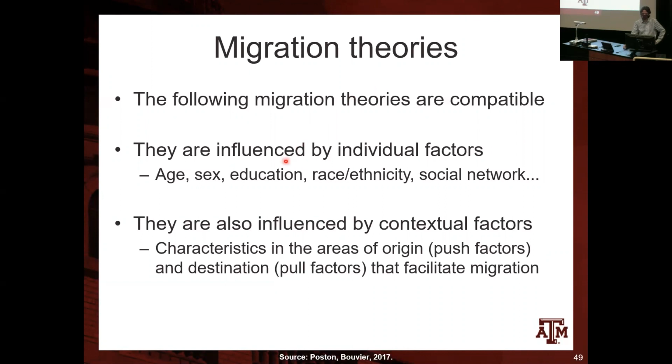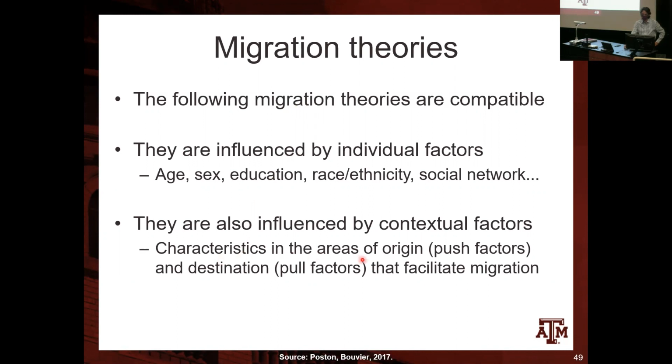So these theories emphasize both individual and contextual factors. As examples of individual factors: age, sex, education, race, ethnicity, social network, characteristics of the individual that might make them more likely to move to another area. But these theories also mention that contextual factors might be important to explain why migration happens.